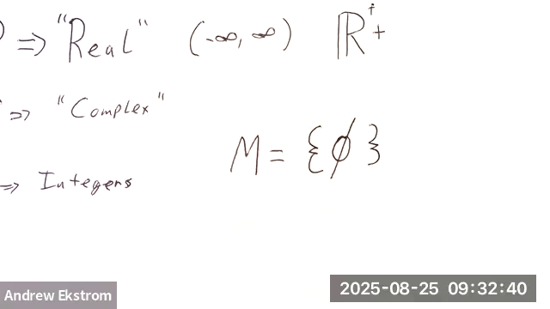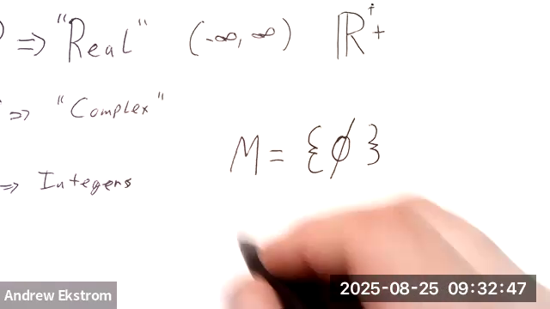If you don't put the line through it, you basically are going to get the wrong answer.